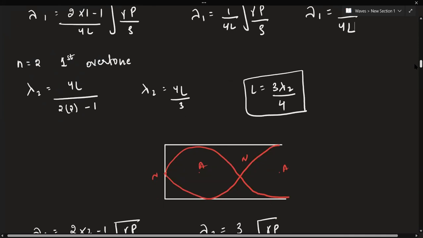From the second one, we get the first overtone. So if we put n equal to 2, then we'll get the wavelength 4L by 3, and the length of the wave will be 3 lambda divided by 4. So we'll get a node over this side, another node over here, then antinodes at this place. Just the reverse of this.